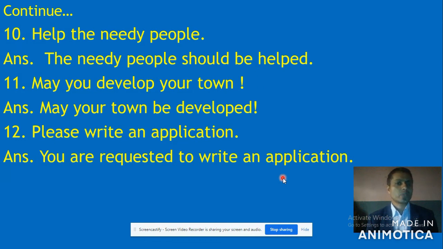Hopefully you will write all these exercises in your English copy, because you will be practicing a lot and applying the rules you learned, so that you will be perfect. One more thing I should tell you: you have to practice a lot of such exercises, even in your grammar book. So practice from your grammar book as well.